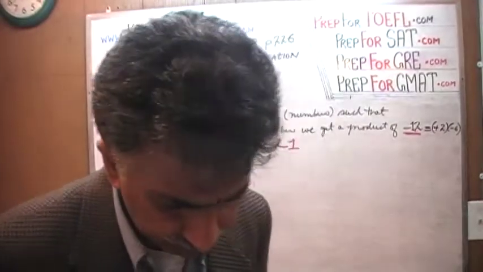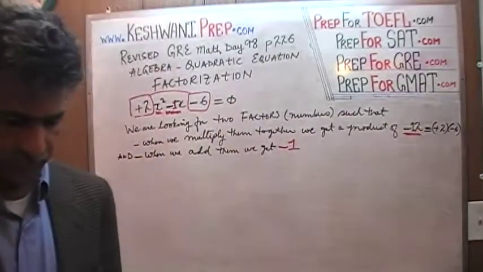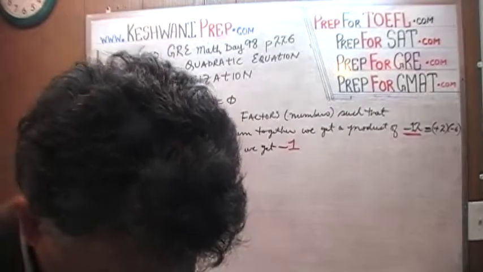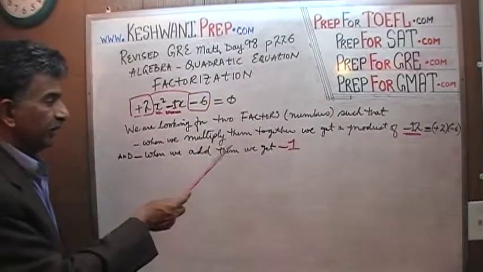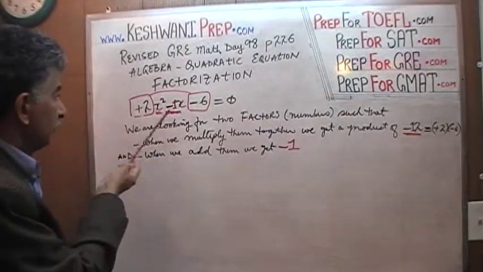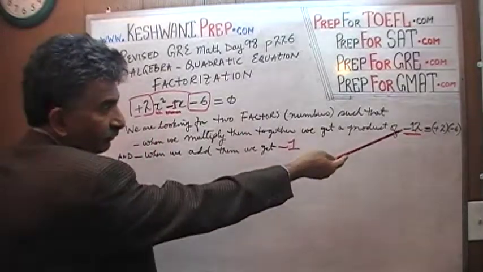Can you think of two such numbers? Well, if it was only one condition we had to satisfy, which is that when we multiply them together we get a product of negative 12, the answer is right in front of us. It's positive 2 and a negative 6. Positive 2 times negative 6 is negative 12. It's very straightforward.